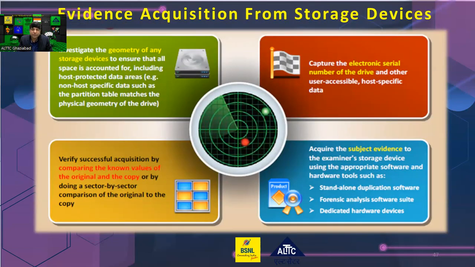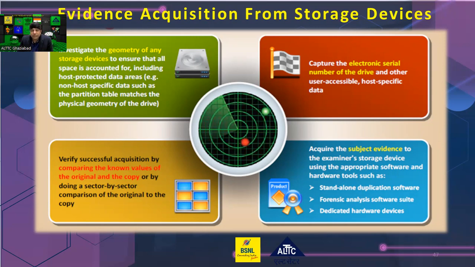Evidence acquisition from the storage devices. Investigate the geometry of any storage device to ensure that all the space is accounted for, including host protected data areas, and that non-host specific area data, such as the partition table, match the physical geometry of the drive.